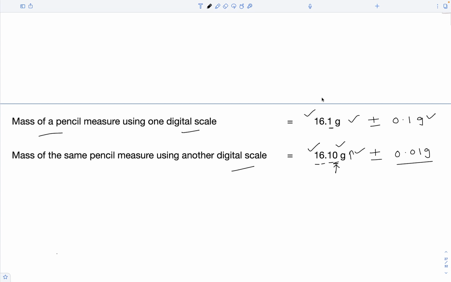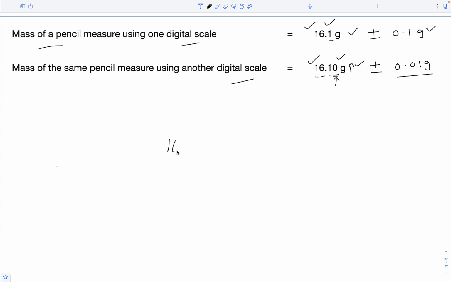Let us see. Let us take this measurement, that is 16.1 grams. And you know, I can multiply this with 1,000 and divide it with 1,000 without changing its value. Now my question is, by doing this, did we change the precision of the measurement?